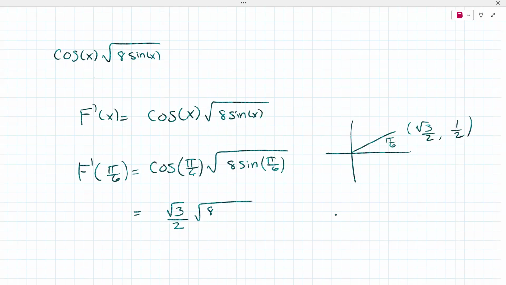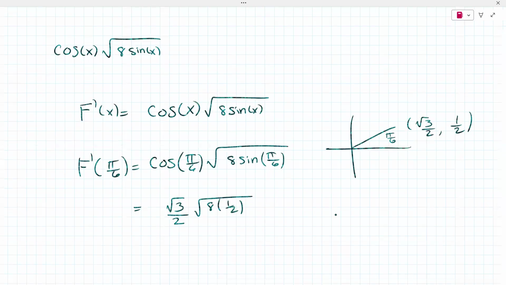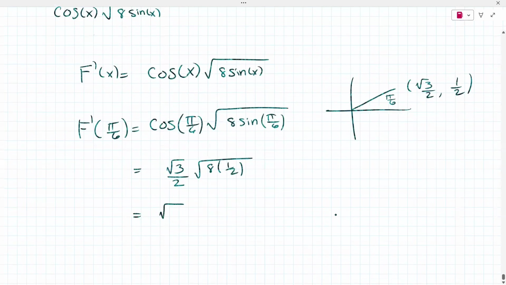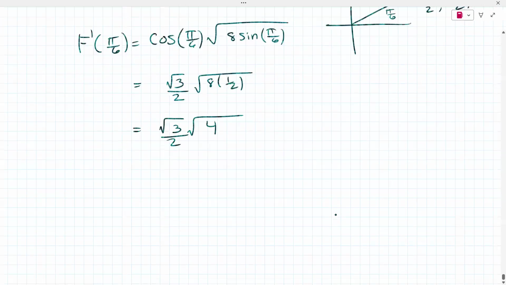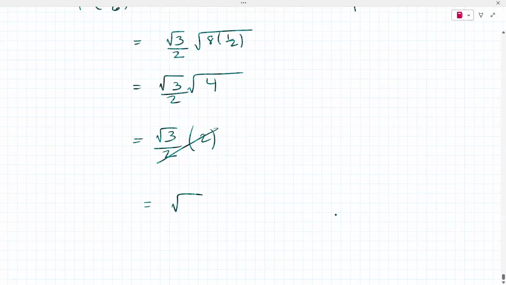So the sine of pi over 6 is 1/2. 8 times 1/2 is 4, and the square root of 4 is 2. And finally, you know that the 2's cancel, so you're left with square root of 3. And that is your final answer.